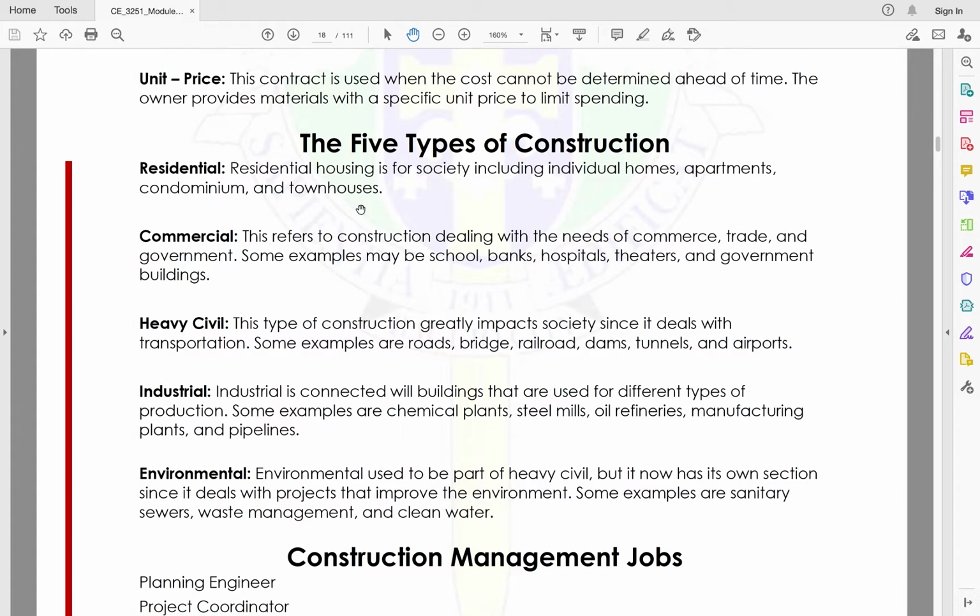So, next is commercial. When we say commercial, it refers to the construction dealing with needs of commerce, trade, and government. So, it can be a school, bank, hospital, theater, and government buildings. Anything that is used for recreational purposes or office purposes, yan.